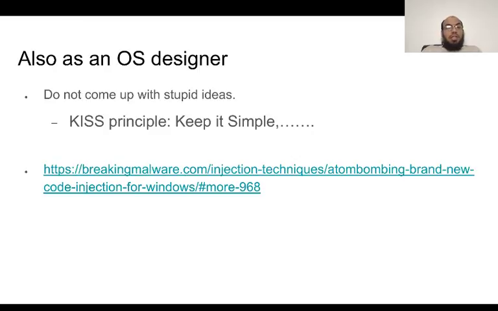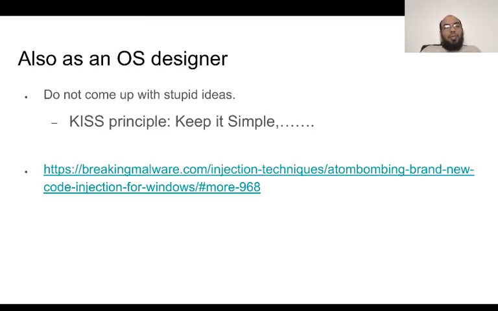These are some reads that you might want to actually go through. They are non-obligatory. They're just extra information for you. There is this design principle: keep it simple. Well, KISS is usually used as keep it simple, stupid, right?